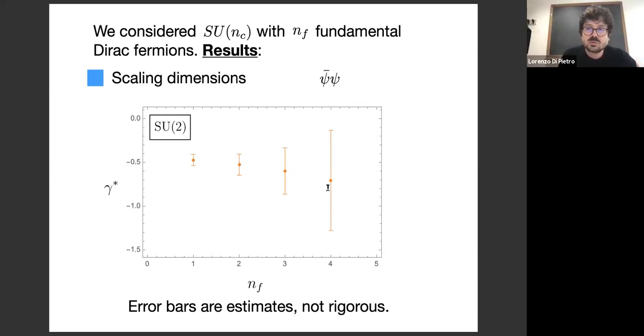Yes, that would be a good check of the method, to see if one gets some scaling dimensions that are known, and one could try to check that. Actually, now I remember, I thought about doing this at some point, but unlike the non-supersymmetric case, I don't know such high loop order results for the beta function in the supersymmetric theory.